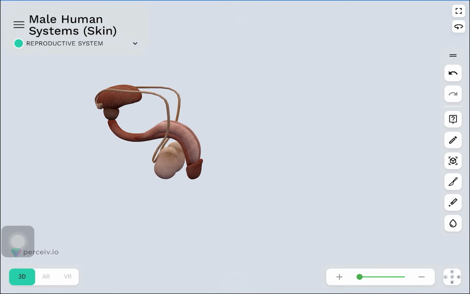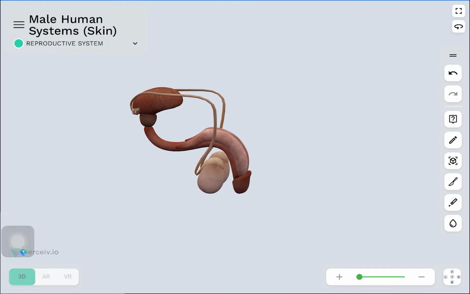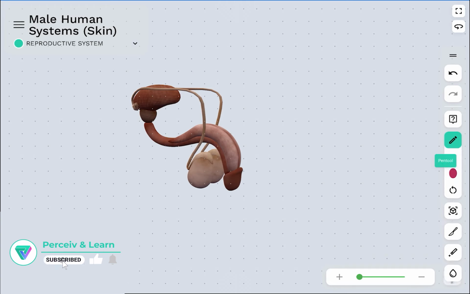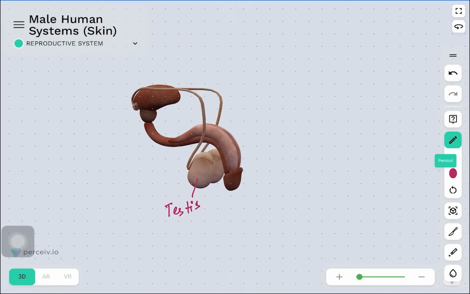If we look here, the male reproductive system consists of the testis, and this testis is usually in pairs. You can see over here also, the testis, which is paired.